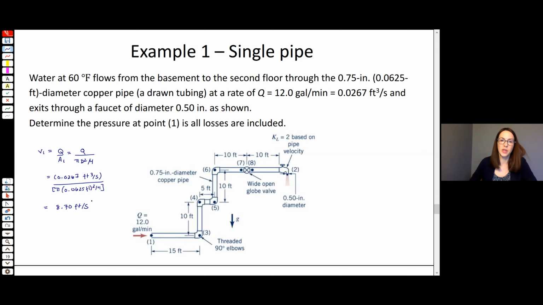All right, so our velocity through most of the system is 8.7 feet per second.